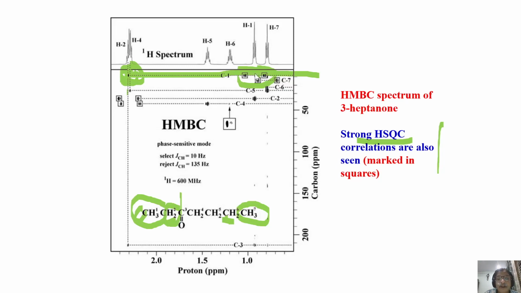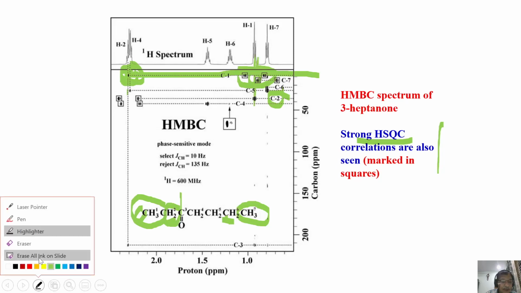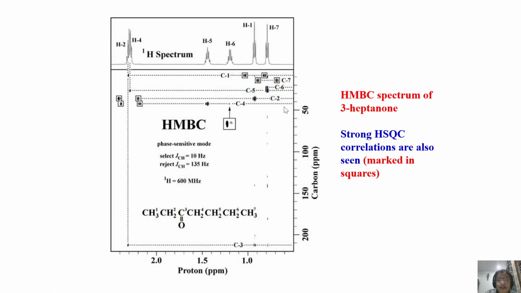Okay, I'm sorry, carbon 2 is here. I was looking elsewhere. Carbon 2 has a strong correlation to proton 1. These are the long range correlations.